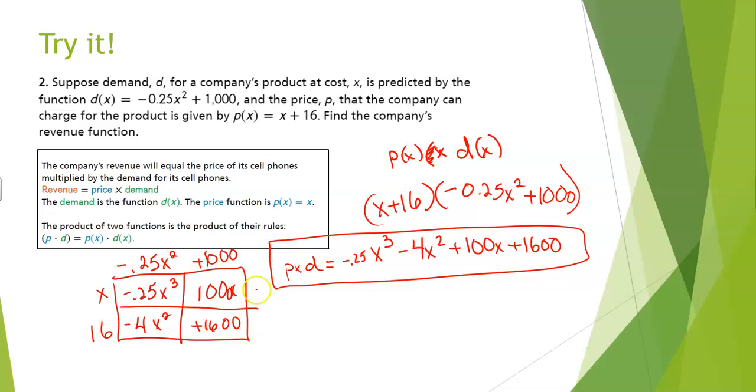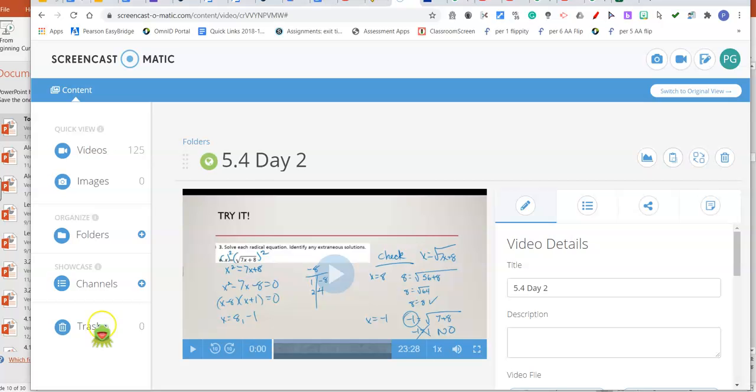And this should be 16,000 then. I looked at my answer sheet. Let's put another 0 in here. It's going to have some limits on it, so I'm going to do a little jump over here to Desmos and type in this one.